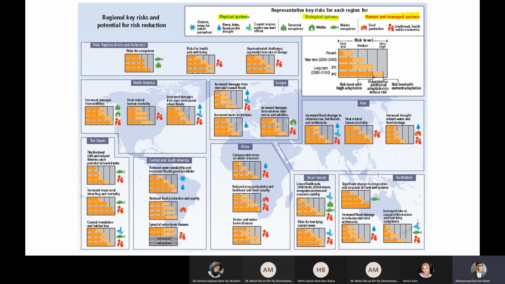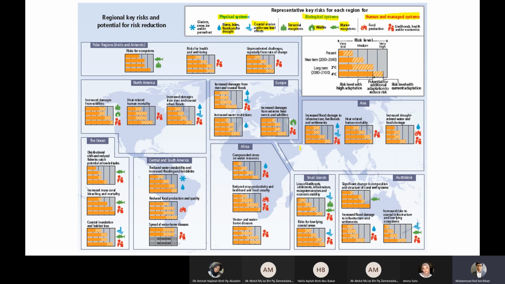Each of these three categories includes, for example, physical system: glaciers, snow, ice, permafrost, related to rivers, lakes, floods, and drought, coastal erosion, and so on. Biological system includes terrestrial ecosystem, wildfire, marine ecosystem, and so on.